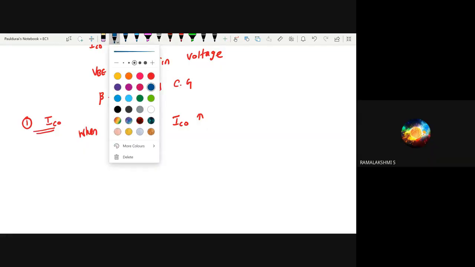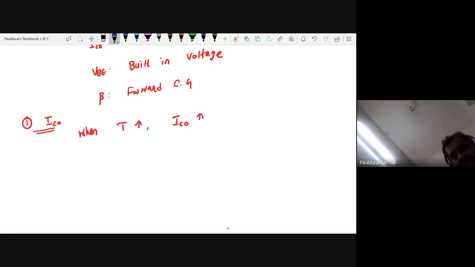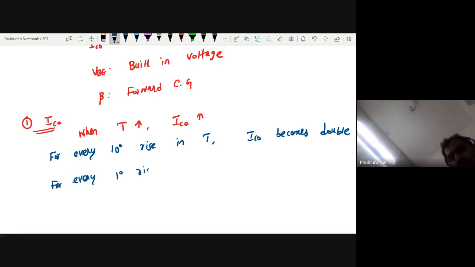For every 10-degree rise in temperature, ICO becomes double. For every 1 degree rise in temperature, ICO increases by 7%. That we know, right?